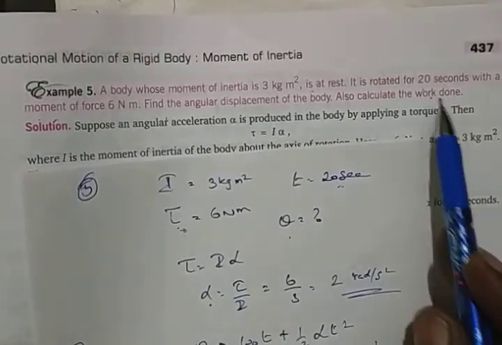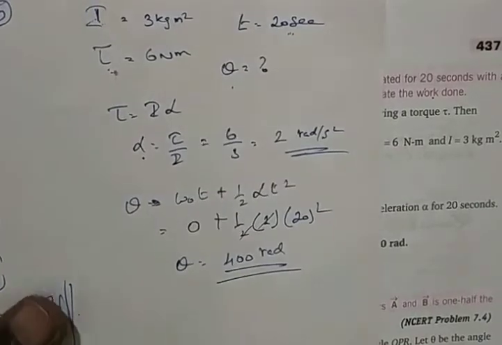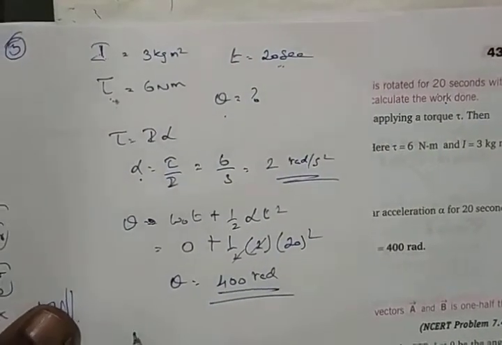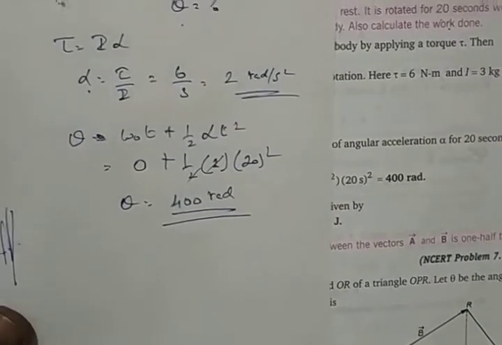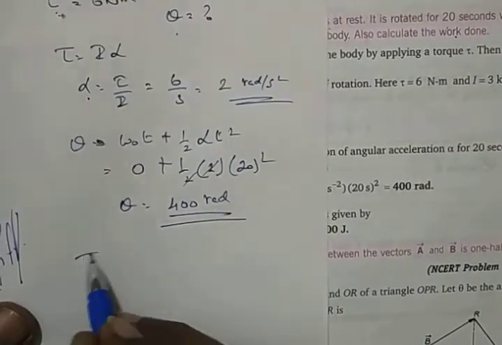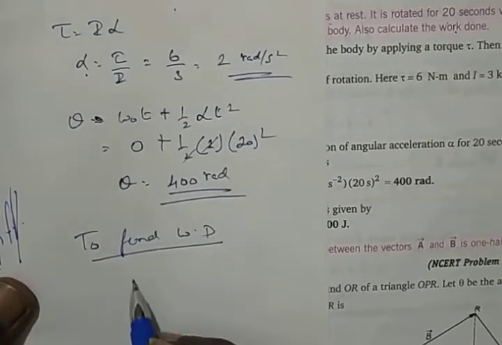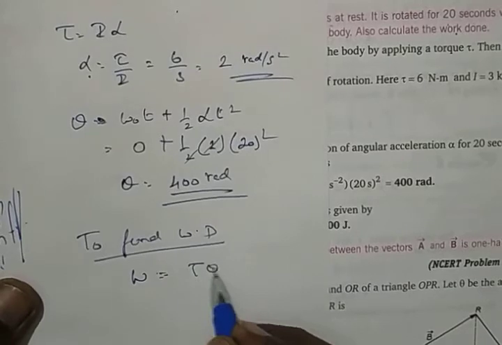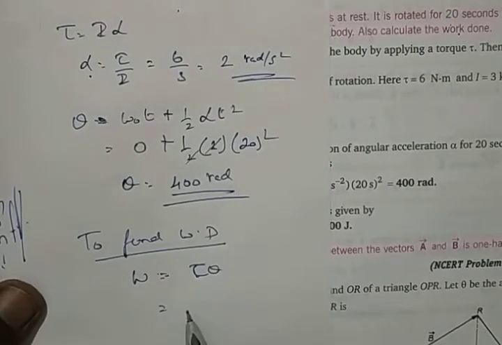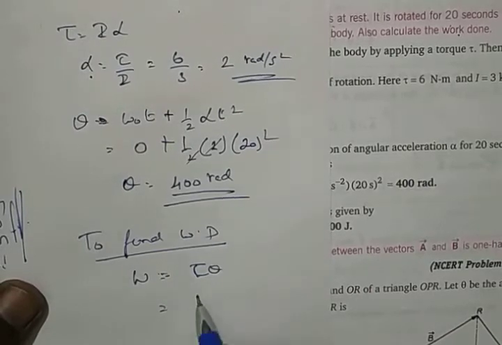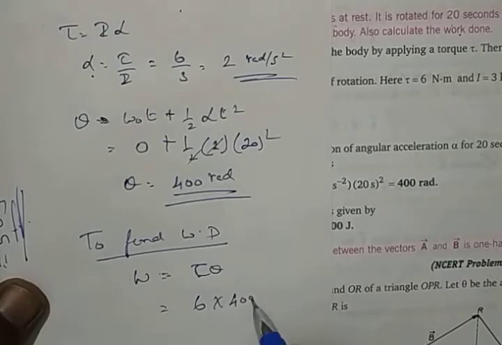Also calculate the work done. The second part is to find the work done. So W is equal to tau into theta. Torque into theta. What is torque here? It is 6, already given there, into 400.